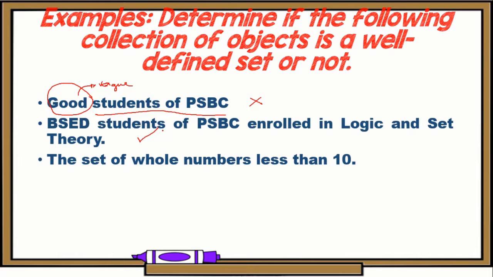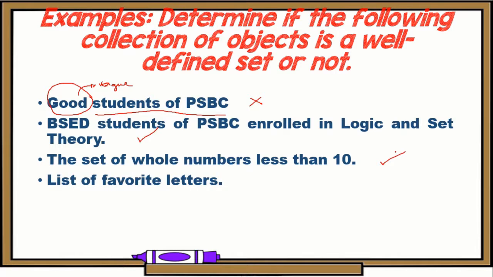Now let's look at the third example. The set of whole numbers less than 10. Do we have all the characteristics in order for us to know the elements or members of the set? Yes. Then this is another example of a well-defined set.